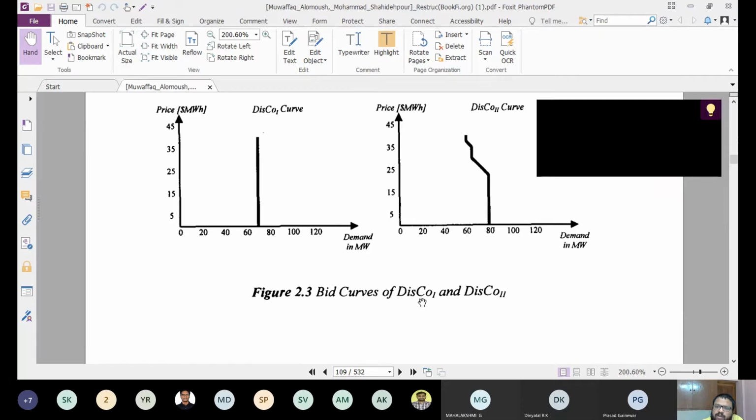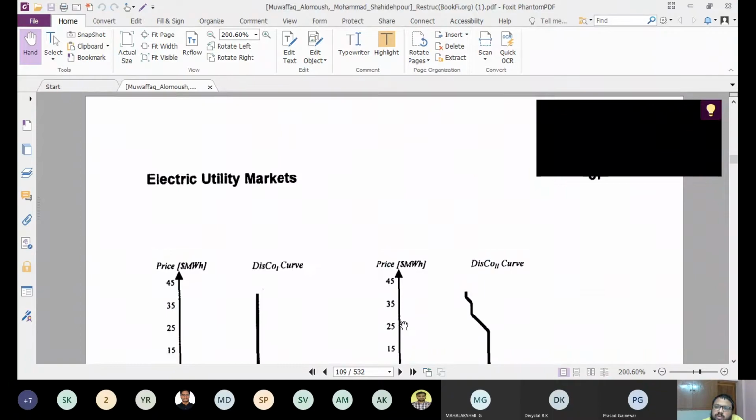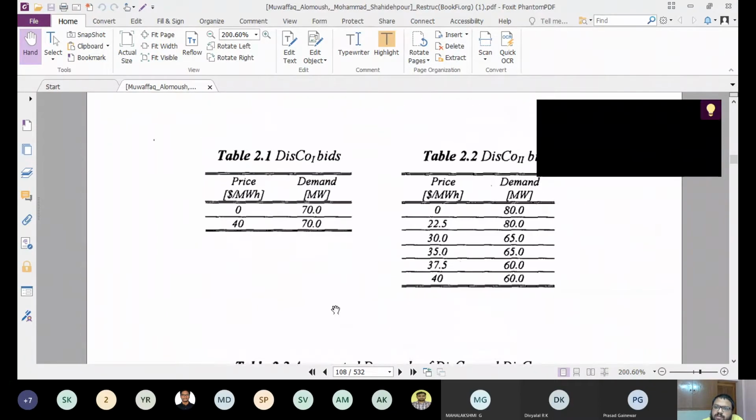Now we want to find the aggregated demand curve. To find it, we just write these prices in ascending order, including both the DISCOs, right? So the first price is 0. For this price, there is a corresponding demand for DISCO 1 and a demand for DISCO 2, right?